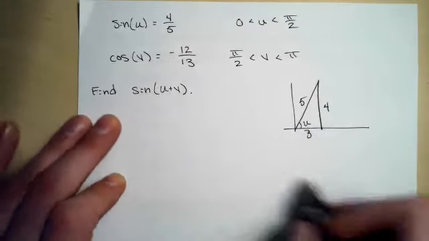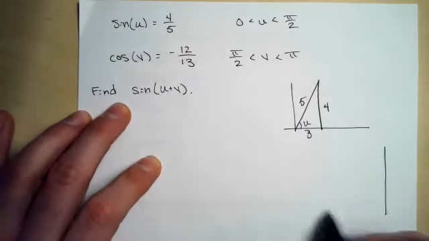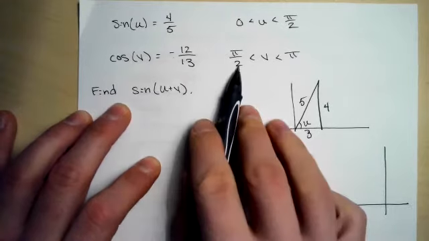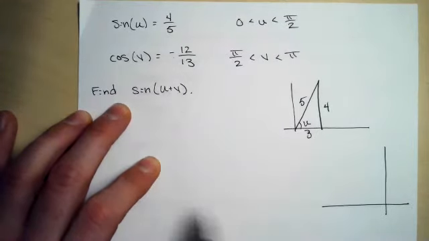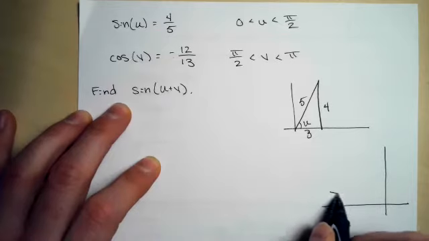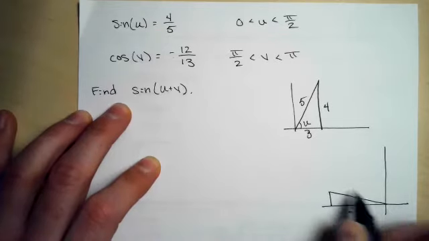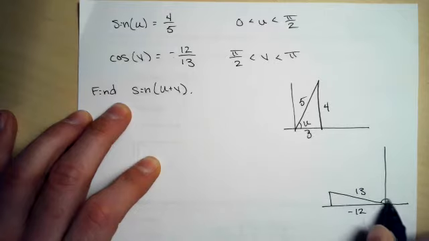That's our u. Our v is in the second quadrant and has a cosine ratio of negative 12 over 13.